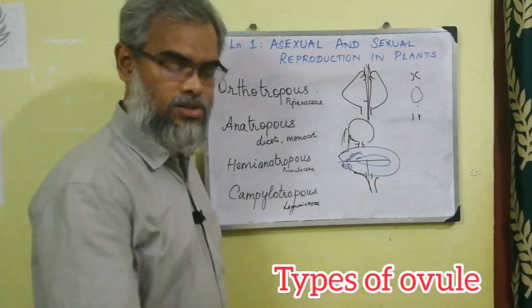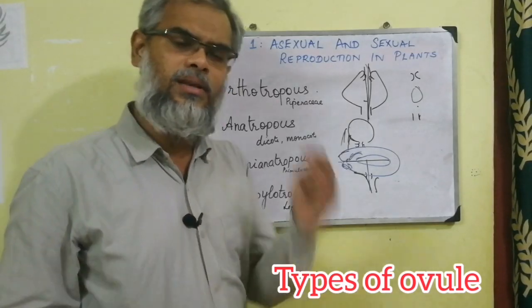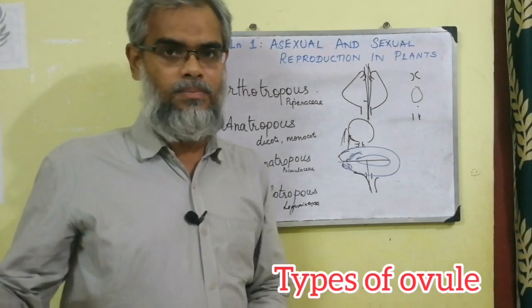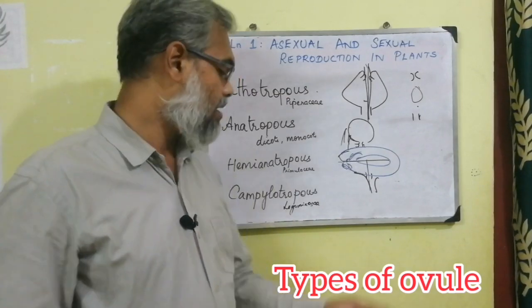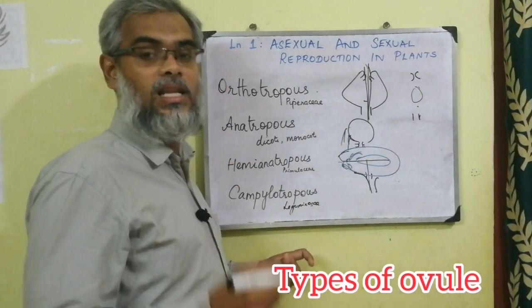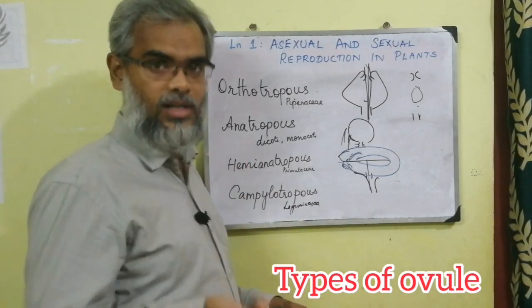Finally, campylotropous. Campylotropous occurs in the Leguminosae family. Here, bean-shaped legumes, generally pea varieties. If you see, the ovule itself occurs as bean shaped, somewhat curved.